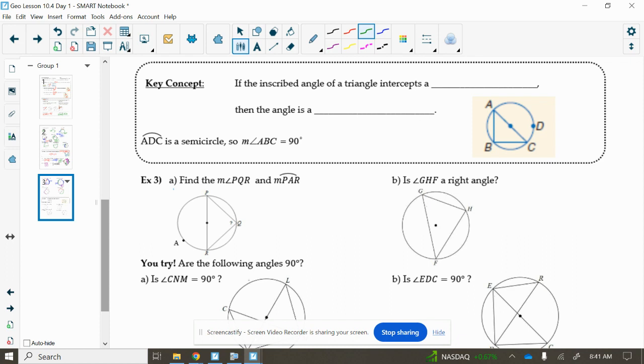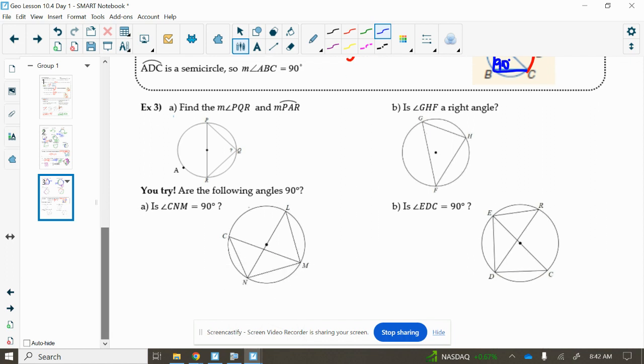All right, our last key concept then is talking about our angles that are inscribed on the circle. If we have an angle or part of a triangle that opens up and intercepts a semicircle, we know specifically that that angle has to be a right angle. So for instance, if we know that angle ADC is a semicircle and measures 180 degrees, this angle on the circle that opens up to that has to be half of that, has to be 90.